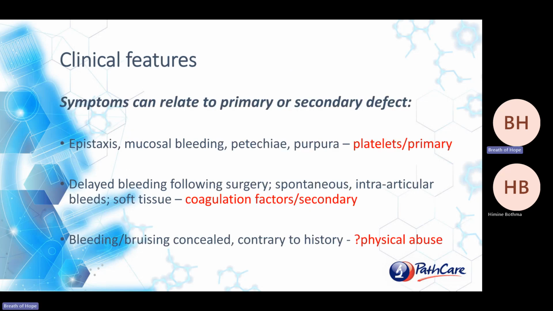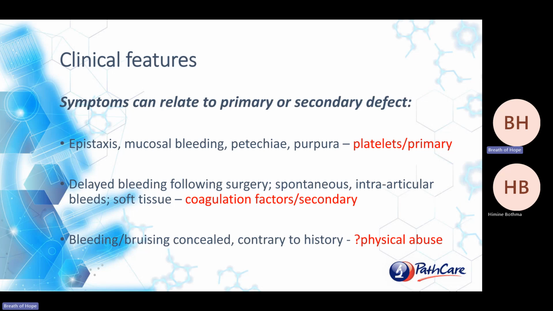Clinical features of bleeding. So sometimes the clinical features, the symptoms, can give you an idea of whether it's a primary defect or a secondary defect. It's not foolproof, but sometimes it can give you an idea. So for example, if you've got things like epistaxis, mucosal bleeding, petechiae, and purpura, that usually relates to a platelet disorder or disorder of primary hemostasis.